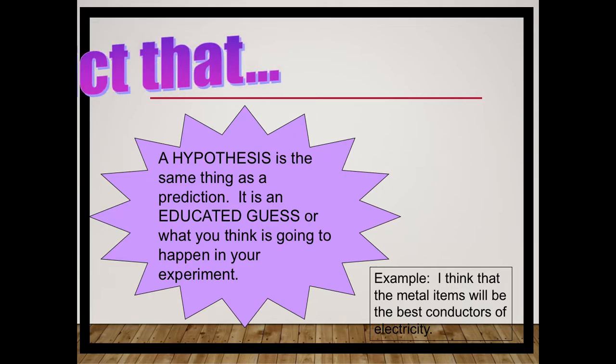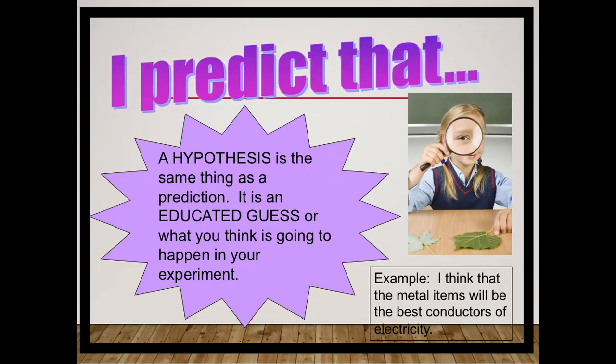So, a hypothesis is a prediction. You can make a prediction, which is an educated guess, about how you think an experiment will turn out. I think that metal items will be the best conductors for electricity. I might say, I predict that plants grow better in water than in soda.